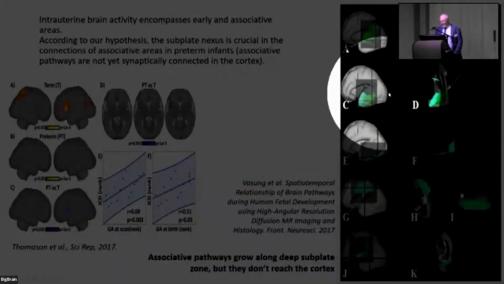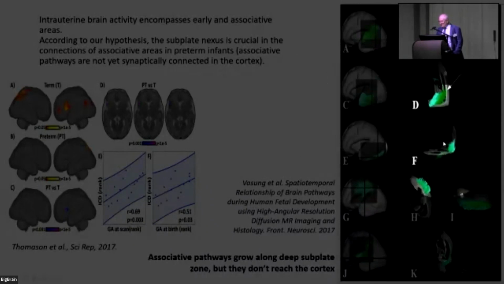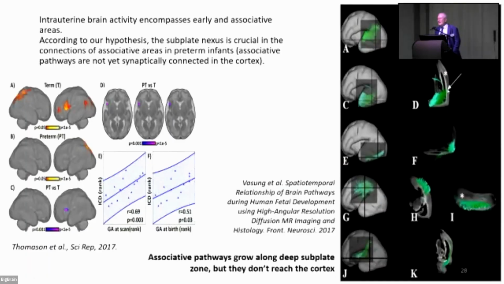Look here. That's a study with the Hardy method, Wasung, Takahashi at Harvard. I'm also a co-author. Look, this is an associative bundle, and it reaches this arrow point, but didn't enter the cortex. It's still growing below the subplate.